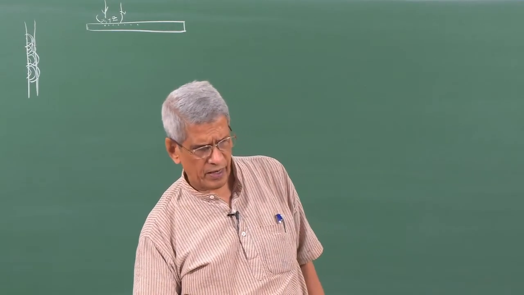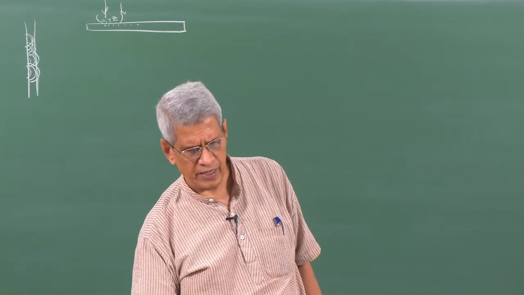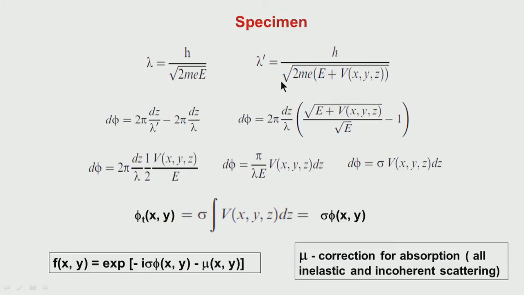Since there is a Coulomb potential acting between them, there is a periodic potential in that sample which varies at regular intervals.